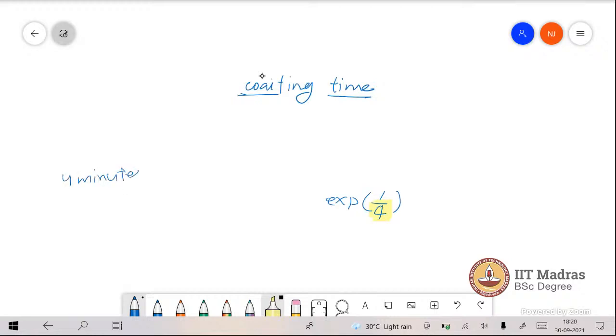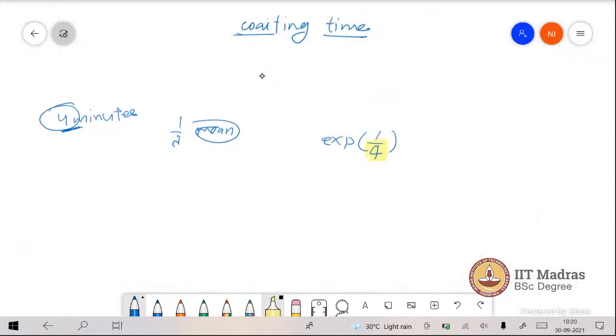Okay, after 1 minute passes. So 1 by lambda is the mean for the exponential. So it takes on an average 4 minutes for a bus to arrive. Now you are interested in the waiting time.